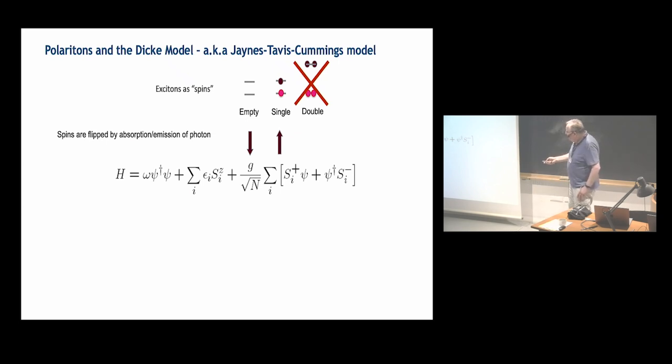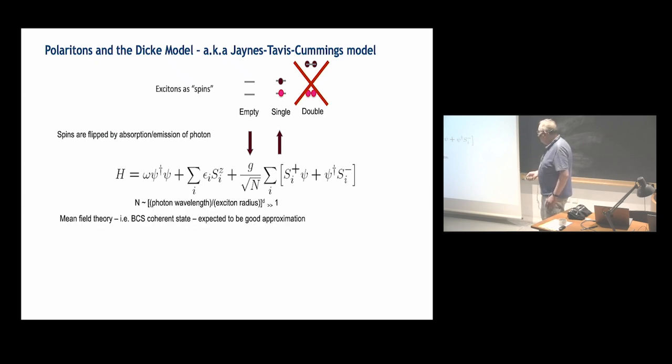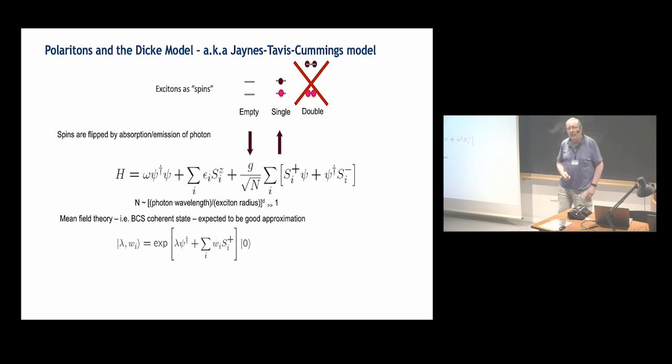And this Hamiltonian, nicely, in the rotating wave approximation, conserves the number of particles. The total number of particles, namely excitons plus photons, is conserved by this system. Of course, that's not completely true because there'll be things that will leak. But if I look at something like this, this actually, as you see, has a field which produces very long-range interactions between particles, and you sort of know what the ground state is. It's BCS. It should be a coherent state of photons and a coherent state of spins.